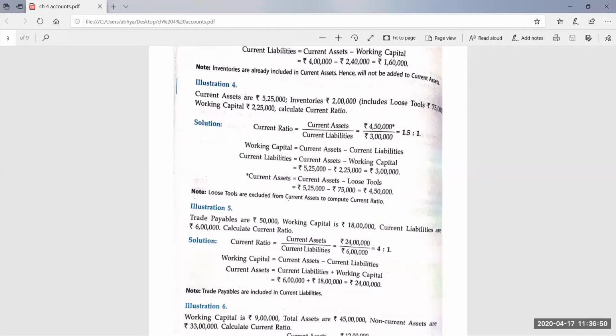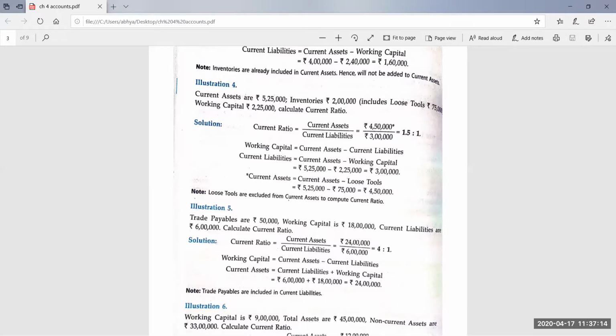Yes, fast, giving 2 minutes. Working capital 9 lakh, total assets 45 lakh, non-current assets 33 lakh. Total assets are given and non-current assets are given, so easily you can find out current assets.